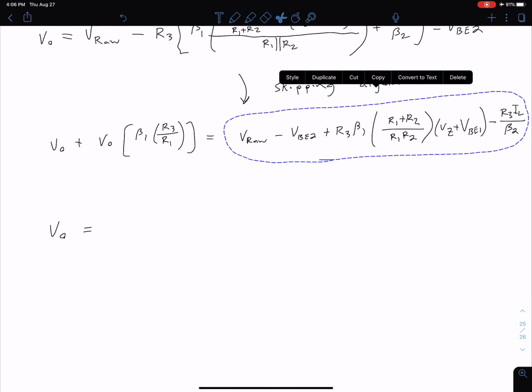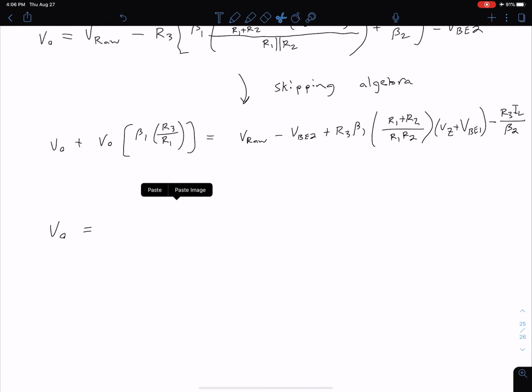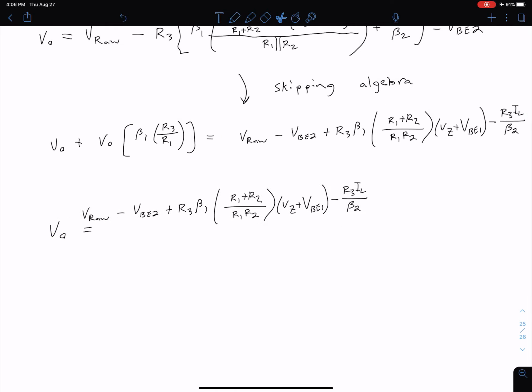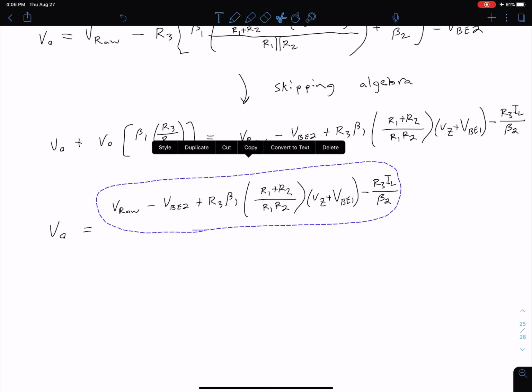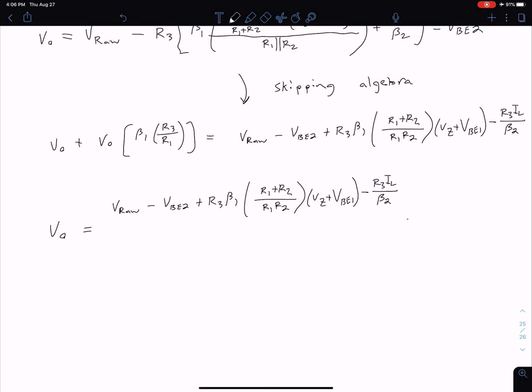So let's just copy this and put that down here. Okay, looks good. And then we're going to be dividing that by 1 plus beta 1 times R3 over R1.